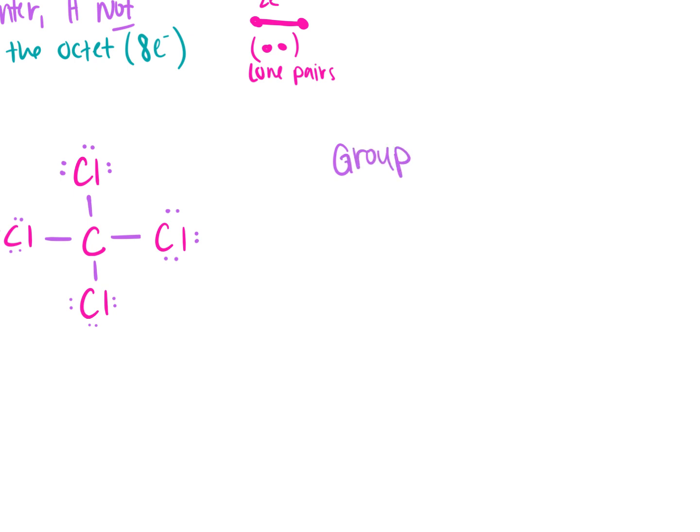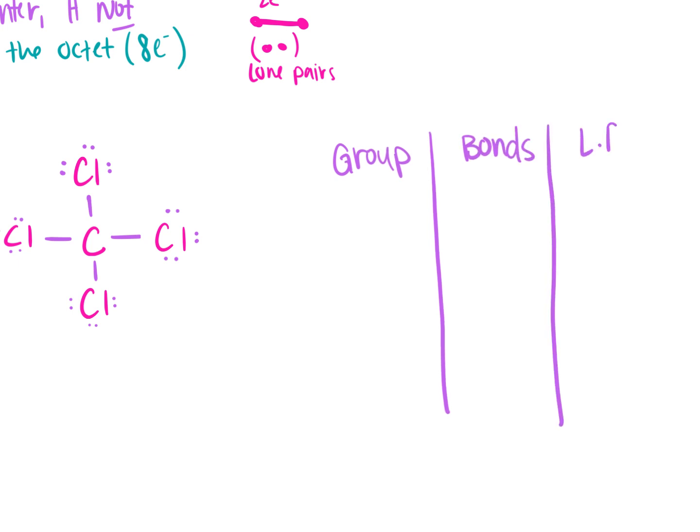So we're going to draw out this table here. This is the group. This is the number of bonds they like. And this is the number of lone pairs they prefer to have. Okay? So elements that are in carbon's group, how many valence electrons do atoms in carbon's group have?